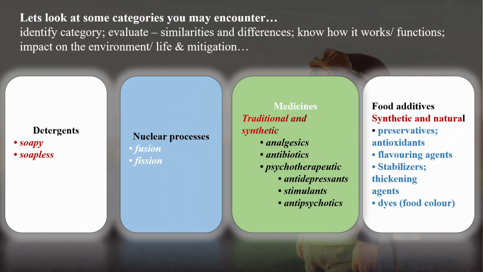We have stabilizers, thickening agents, and food color. Those are all food additives, so they can be both natural and synthetic, depending on how you have identified the problem in the scenario and how you're explaining them. Those are the concepts you need to bring when responding to item one.